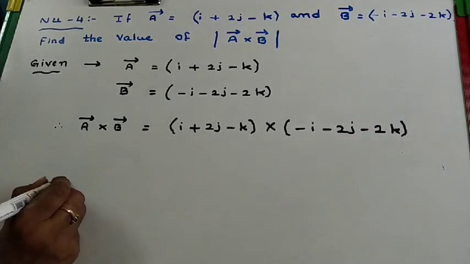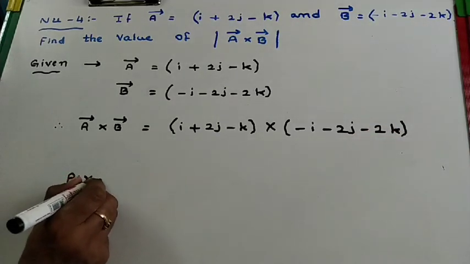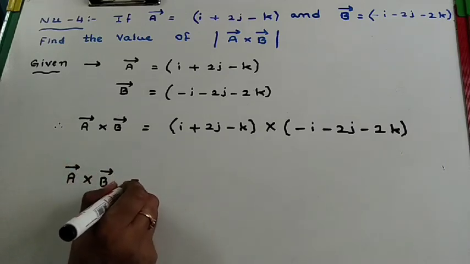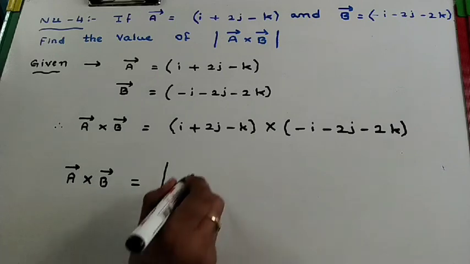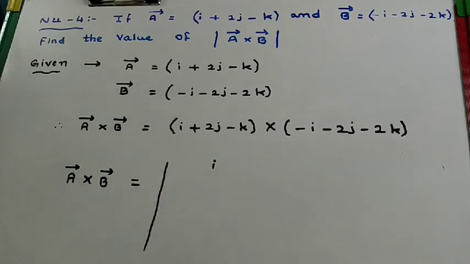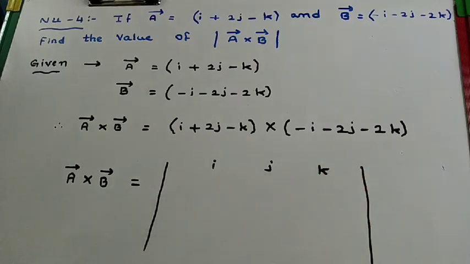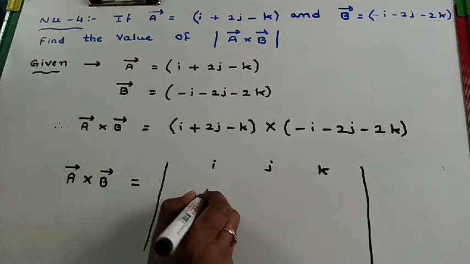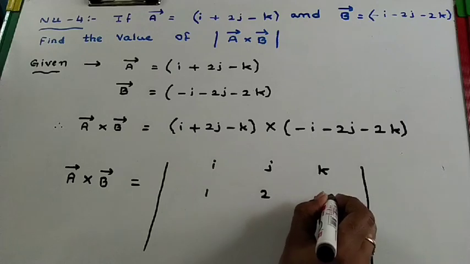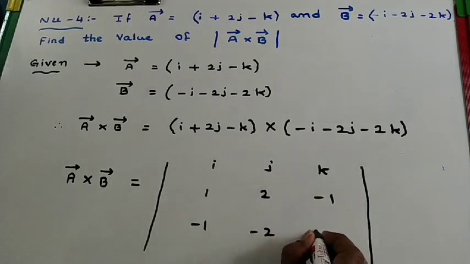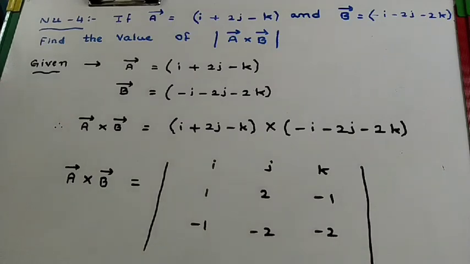That means A vector cross B vector is equal to i j k. What are these? 1 2 minus 1, minus 1 minus 2 minus 2.